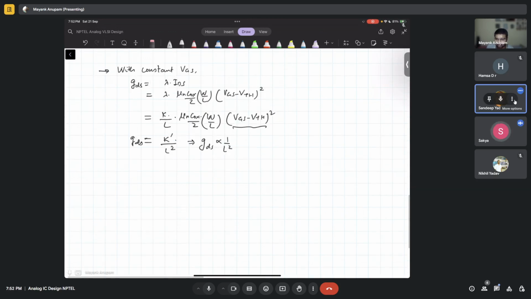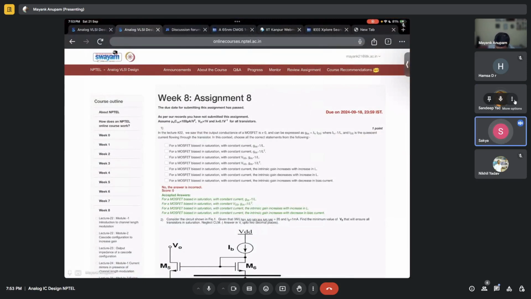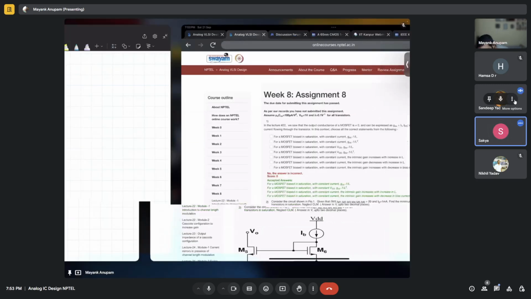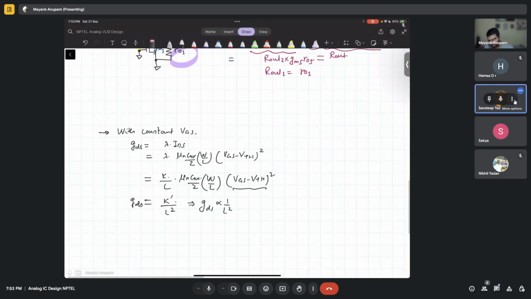This is how you have to do it. You can ignore the 1 plus lambda VDS part, because lambda is always very small, for good transistors.